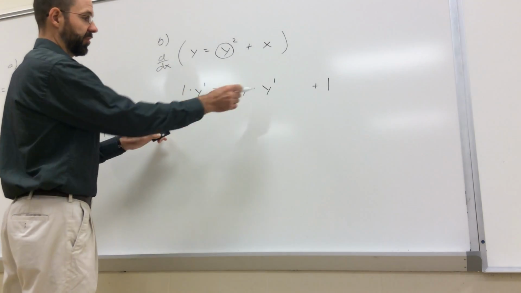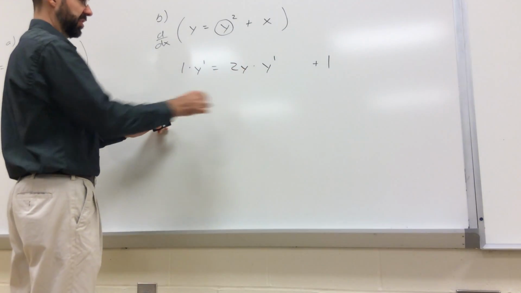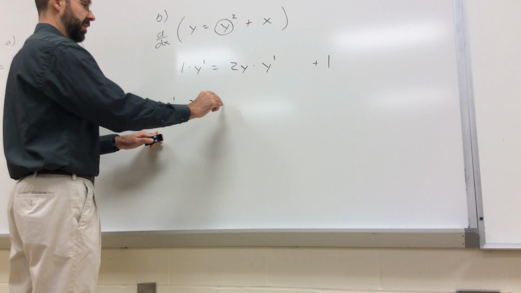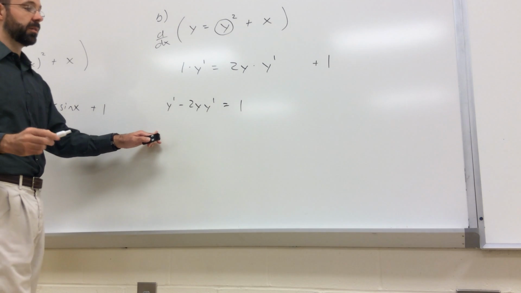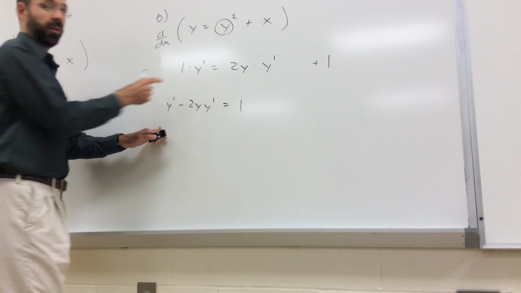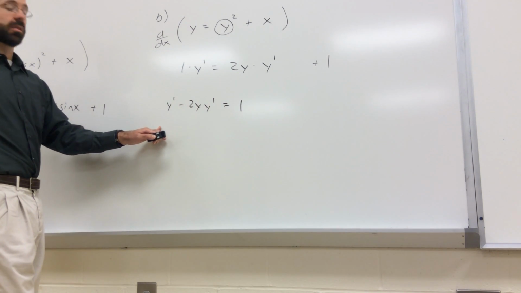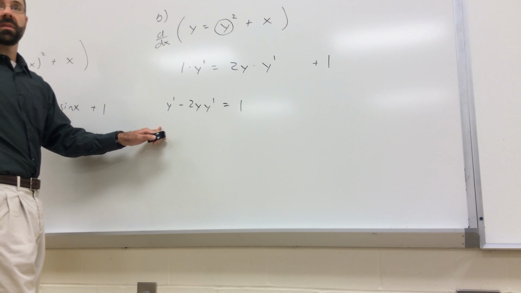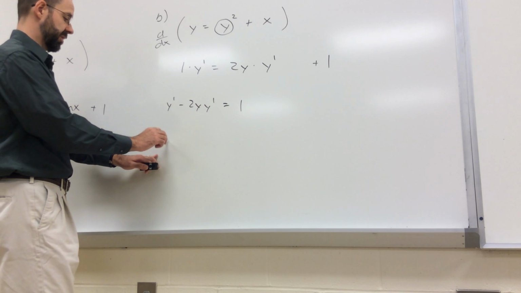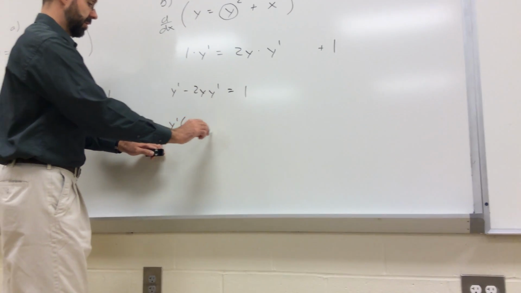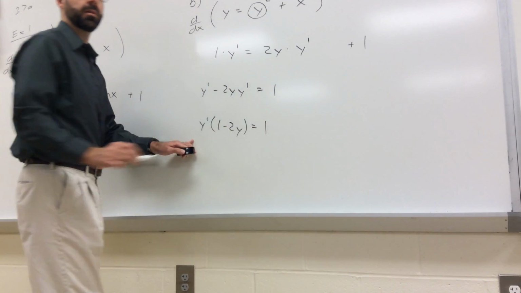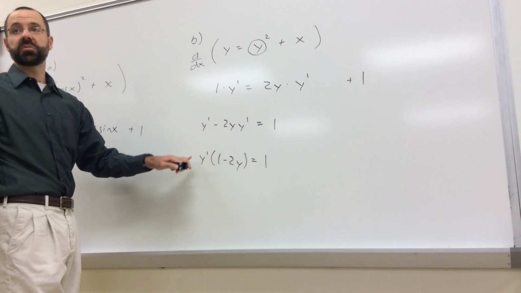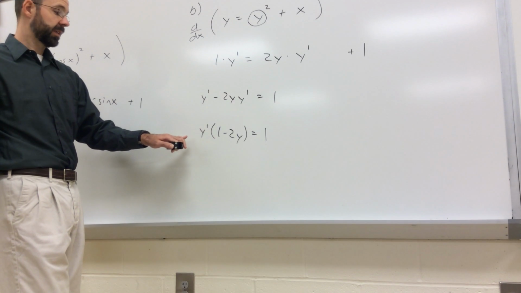Okay, so now you have to solve that for y prime. So you move this stuff over here. So you have y prime minus 2y, y prime equals 1. So I just subtracted that over. And then you factor out the y prime. So after this step, I'm just doing algebra to get y prime by itself.